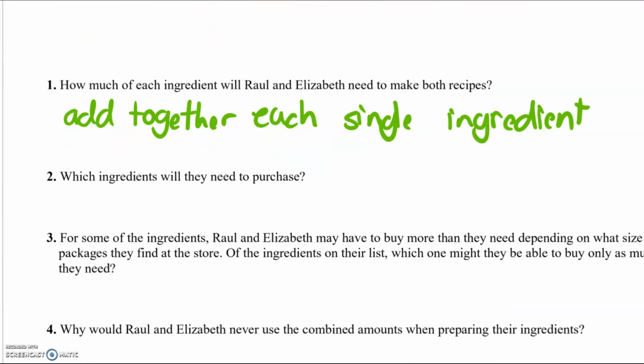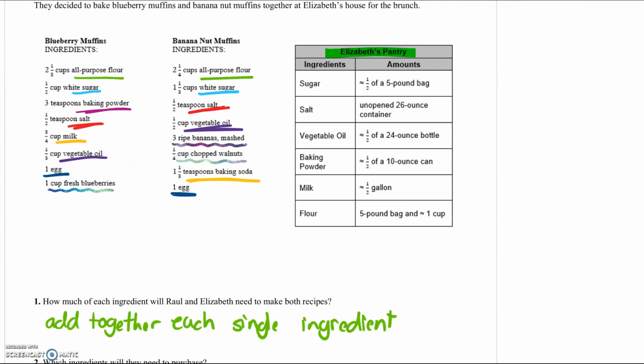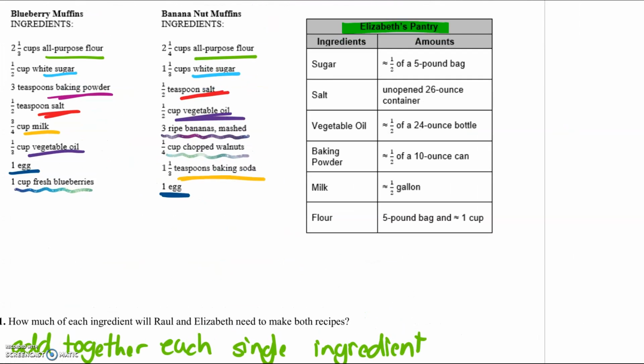Question 2 says, which ingredients will we need to purchase? So in this one, we're going to compare our list with the stuff in the pantry. So compare with pantry amounts. Back to here, we're going to look at what she has in her pantry and see, do we have enough sugar based on how much sugar we needed?